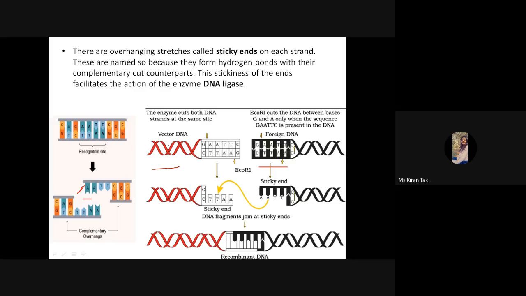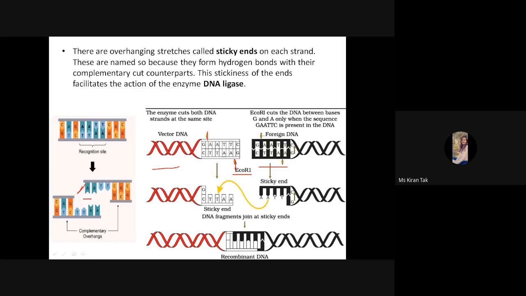If the restriction enzyme we use is EcoR1, it recognizes GAATTC, so it will cut between G and A here, and in the complementary sequence here, in the case of the vector DNA.